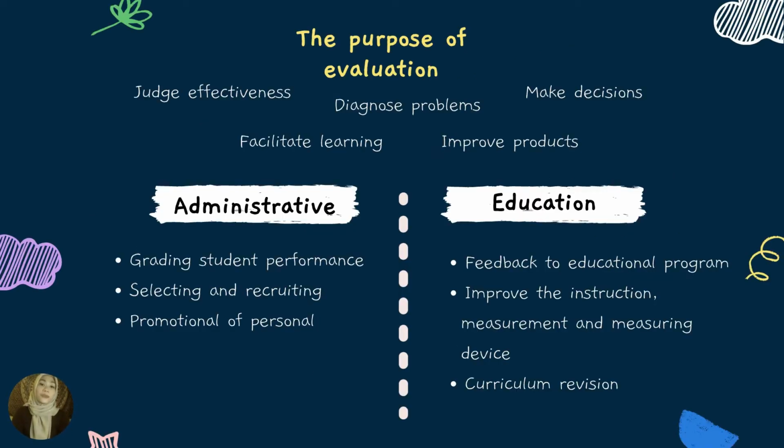Okay, so for the purpose of evaluation, to make it short, there are 5. The first one is to judge effectiveness of a learning process. The second one is to facilitate learning. And the third one is to diagnose problems and to make decisions and also to improve products.